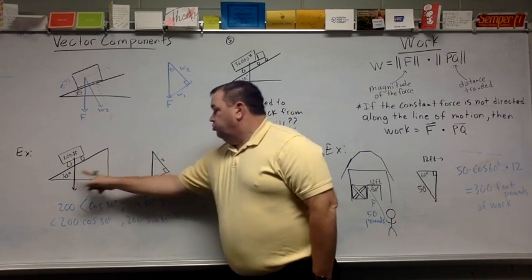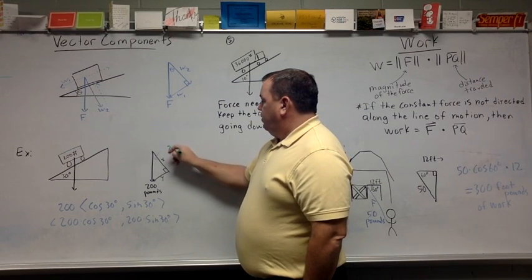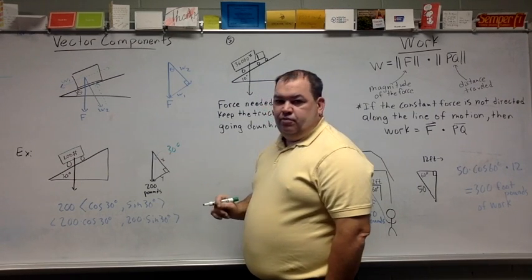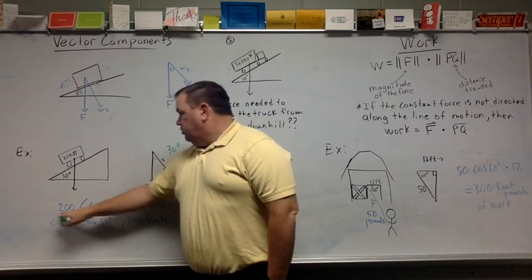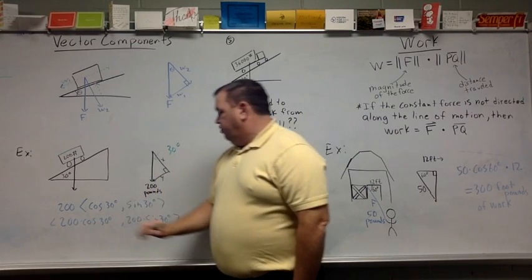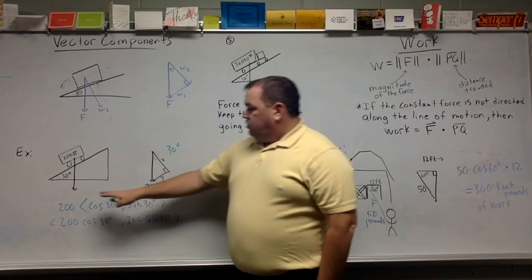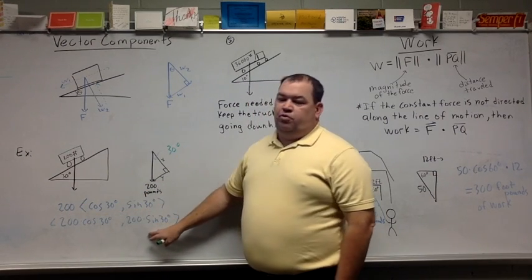That angle gets projected onto this triangle right here. So we now have a 30-degree angle here. So if I take my weight, my force of 200 pounds, and multiply it by the cosine of 30, that gives me one of my forces. If I take the 200 pounds times the sine of 30, that gives me my other force.